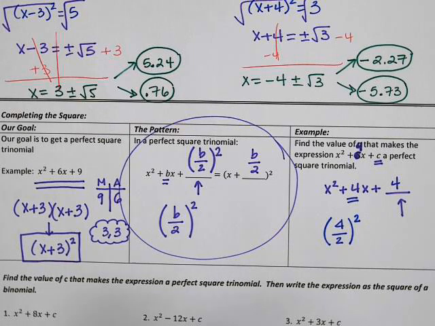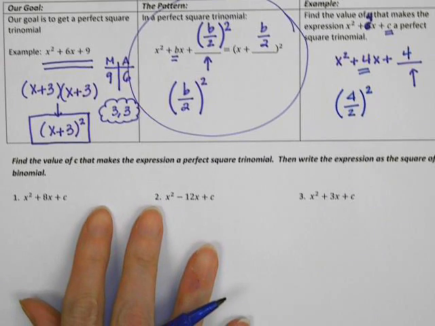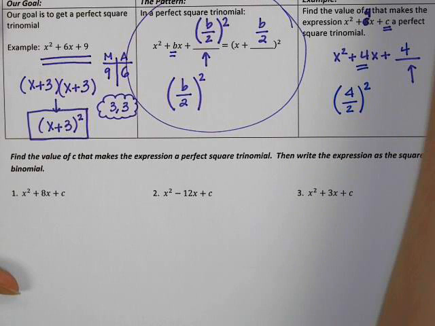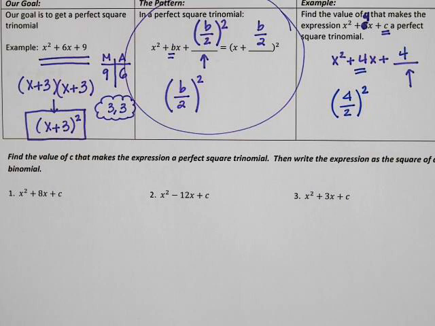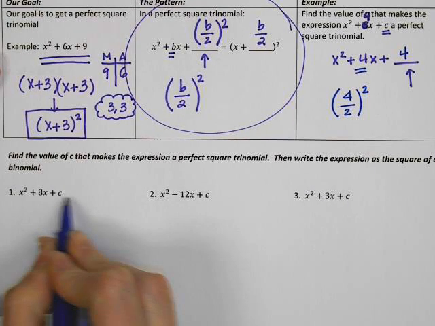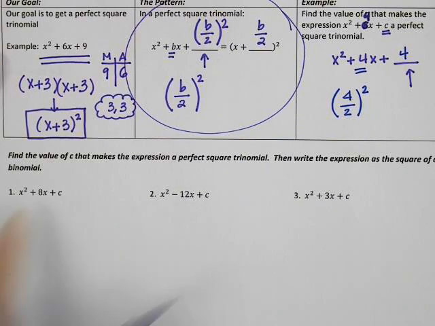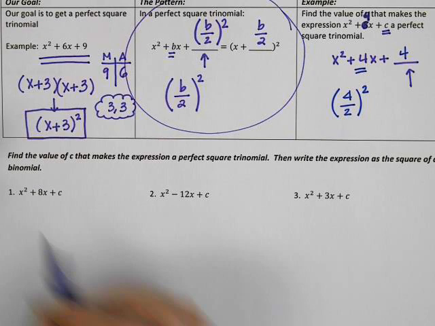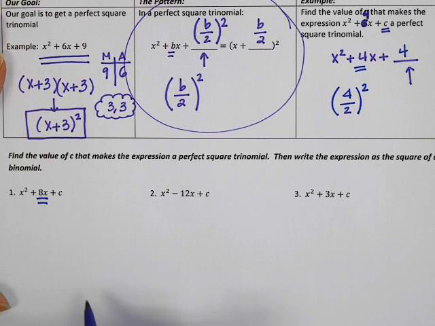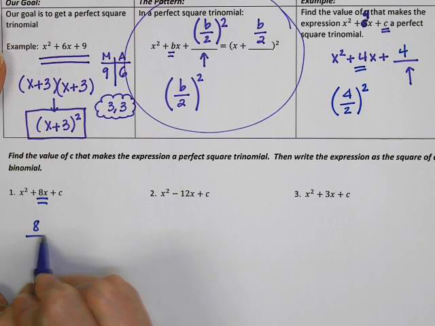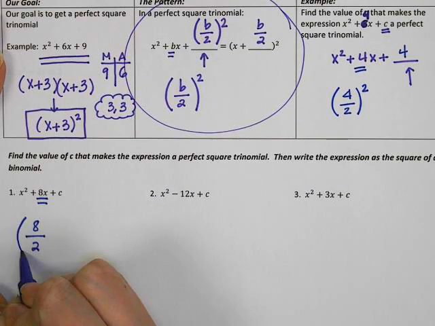Let's try some more of those, same thing. Again, find the missing number, find the value of c that would make this a perfect square trinomial. These are really, really easy. You take the middle number, 8, divide it by 2, and square it.